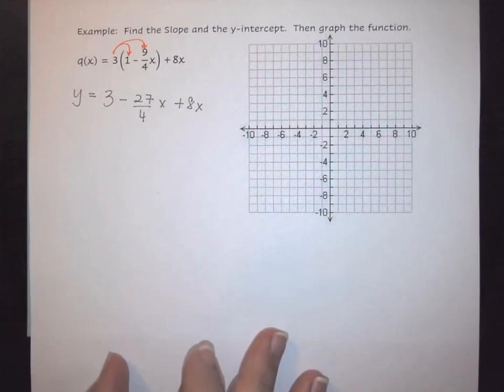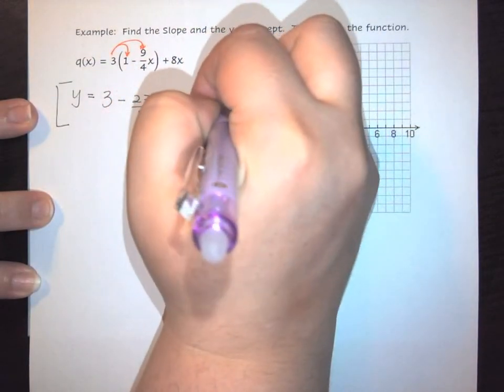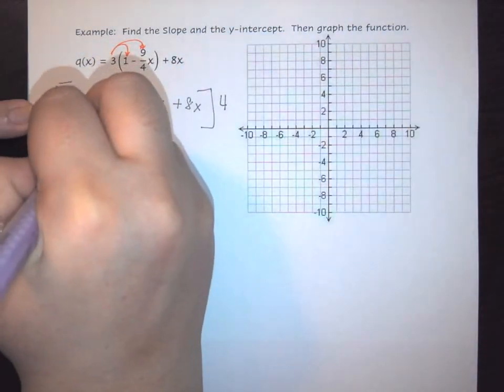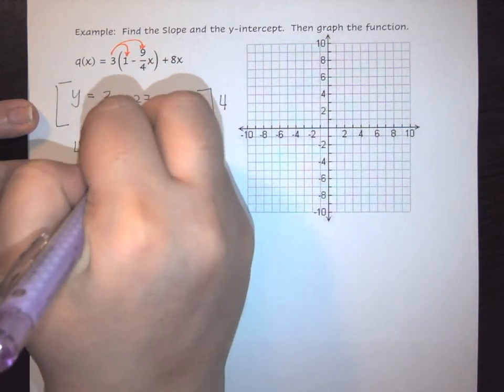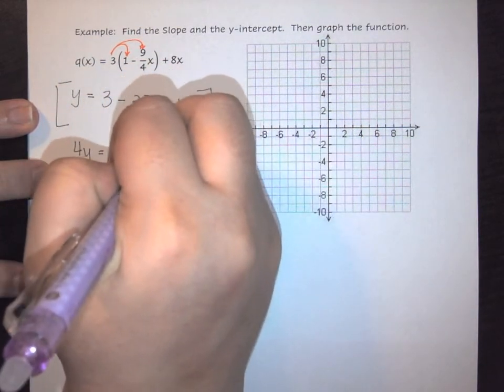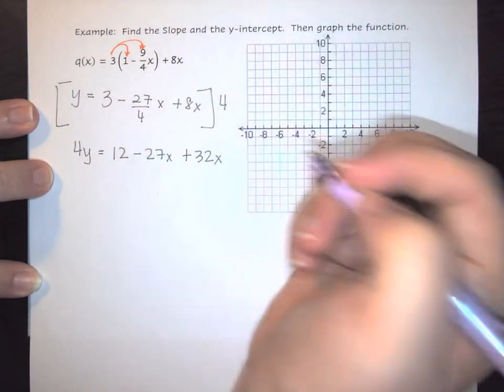Now the next thing that we could do is get rid of this fraction here. We could multiply our entire equation by 4. So this becomes 4y is equal to 3 times 4 is 12 minus 27x plus 32x.